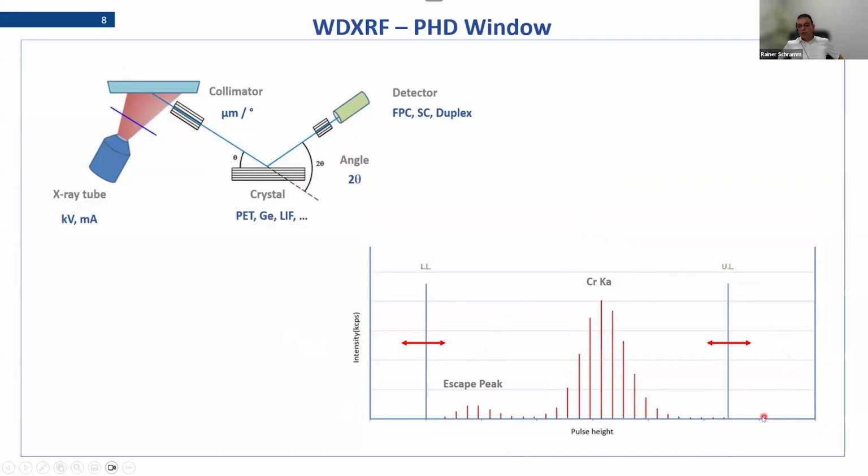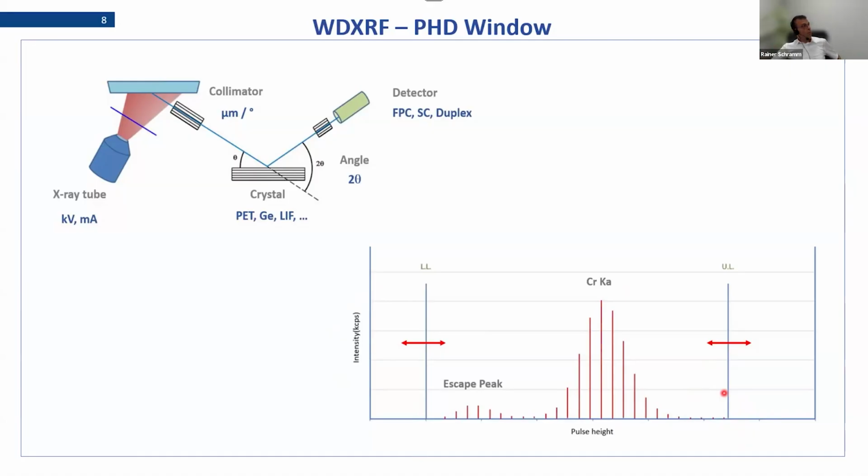So we still have to tell the detector what kind of signal it has to collect to finally create the intensity of a certain element. And this is quite straightforward. Normally, you set it just from the left side to the right side to collect all the signal. And you just have to make sure that your window is wide enough so that all the radiation is collected.